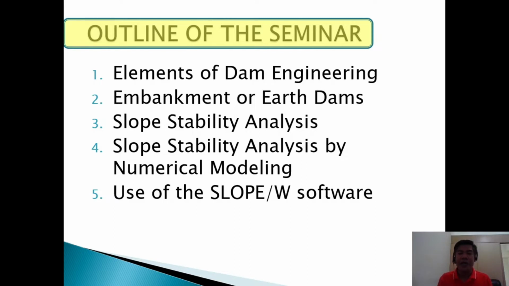But later on, if there are problems in terms of interpretation of the results that the software will be producing, only the civil engineers can interpret. If there are other people working in the department who are not civil engineers, they can actually process the design analysis using the software.